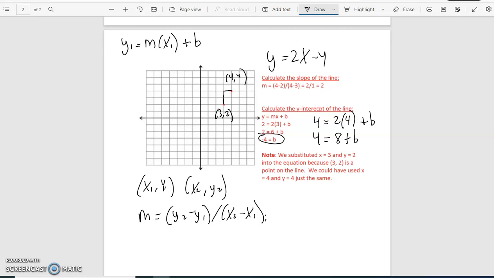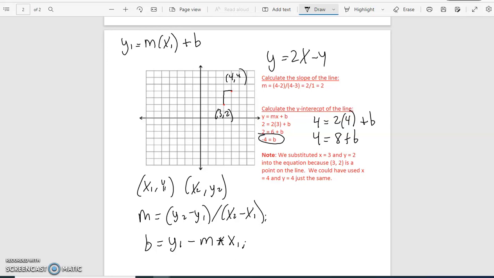Just like at this step 4, once we found the slope to be 2, I could use 2 in the equation because I knew the slope was 2. And I know the xy coordinate is 3, 2 in that example. And I know an xy coordinate on this line is x1, y1. So I isolate that for b, and b is y1 minus m times x1.